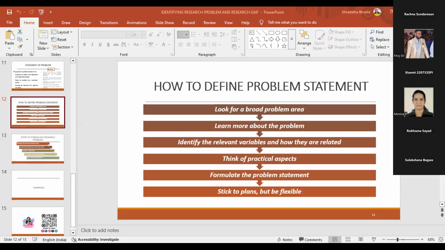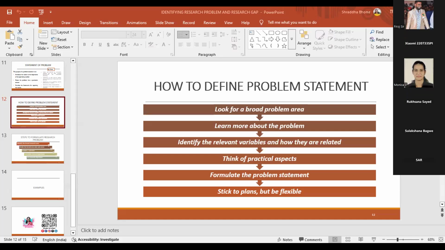Then you can frame or formulate the statement. Craft a concise problem statement which will outline the specific issues, relevance, and why it needs further investigation. Then stick to the plan, but always be flexible with respect to changes if you want to adopt them.